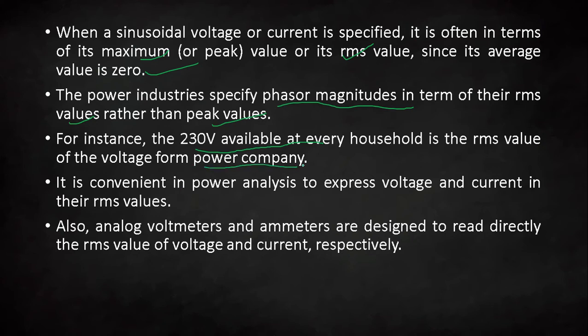So we say that we are getting 230 volt, that is RMS value, not the peak value or the average value of voltage. Also it is convenient in power analysis to express voltage and current in their RMS value rather than using peak value. As far as measuring instruments are concerned, the analog voltmeter and ammeter are designed to read directly the RMS value of voltage and current respectively.